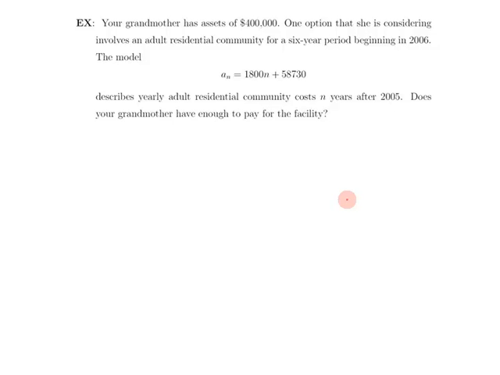Alright, so let's think about what we have here. This is an arithmetic sequence because it has that form that we saw that arithmetic sequences have, something times n plus some other number.